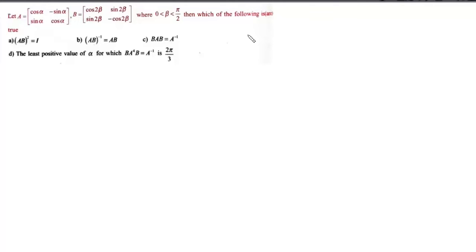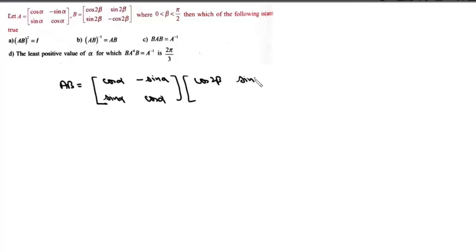following is correct. Now if we find AB, then A into B is simply cos alpha, minus sin alpha, and so on, multiplied by cos 2 beta, sin 2 beta, sin 2 beta and minus cos 2 beta. So this is cos A cos B minus sin A sin B. So it will be cos(A plus B).